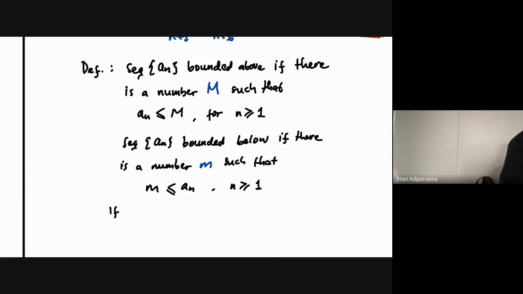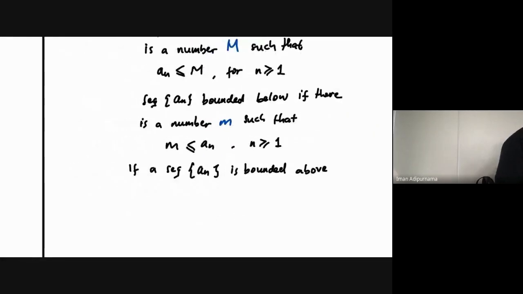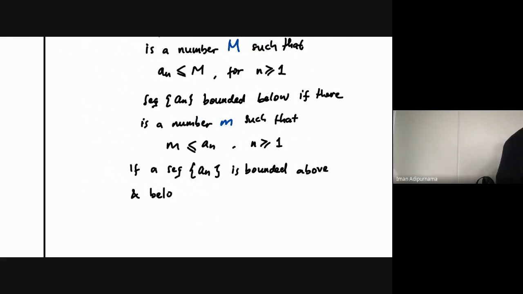And if a sequence is bounded above and below, then it's called a bounded sequence.